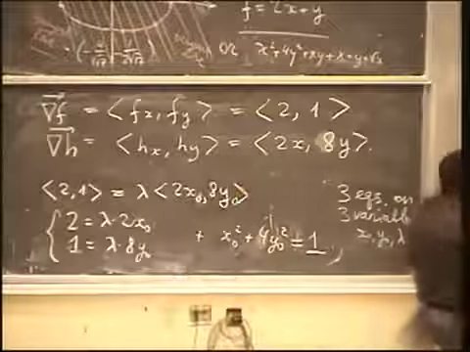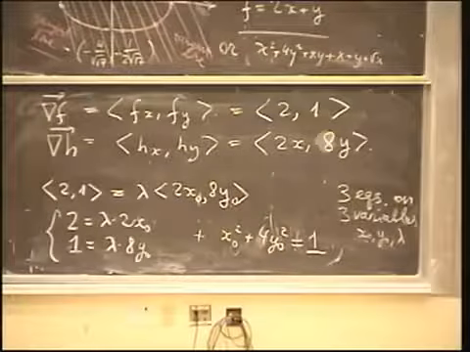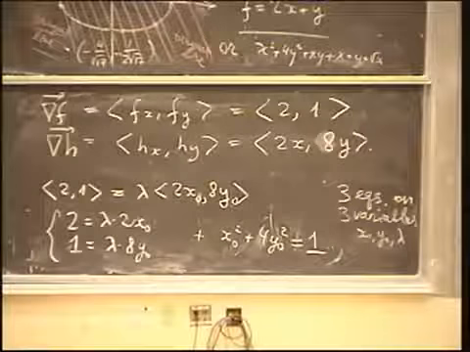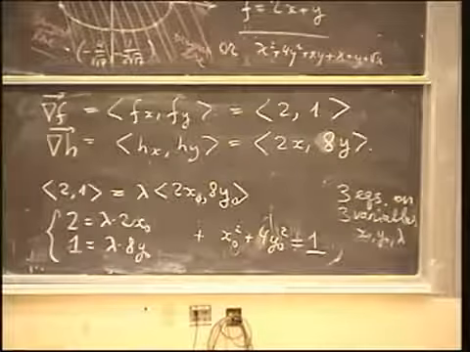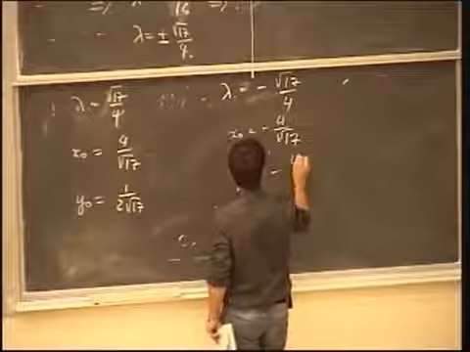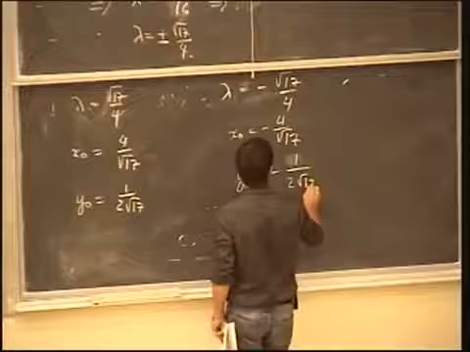Okay. So lambda equals minus square root of 17 over 4. x0 is minus 4 over square root of 17. y0 is minus 1 over 2 square root of 17.